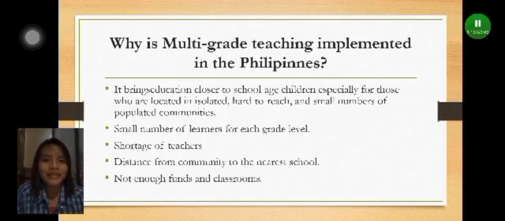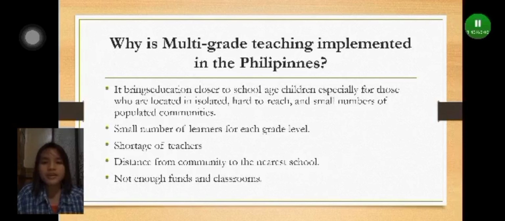Why is multi-grade teaching implemented in the Philippines? First of all, it brings education closer to school-age children, especially those located in isolated, hard-to-reach, and sparsely populated communities. Second, small numbers of learners for each grade level.